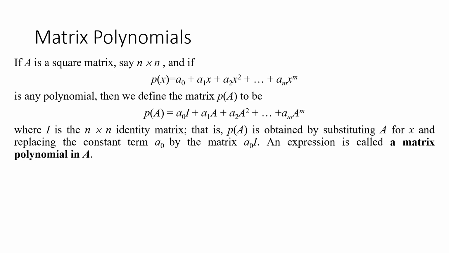That is, the polynomial of matrix A is obtained by substituting A for x and replacing the constant term a sub 0 by the matrix a sub 0 I. This expression is called a matrix polynomial in A.